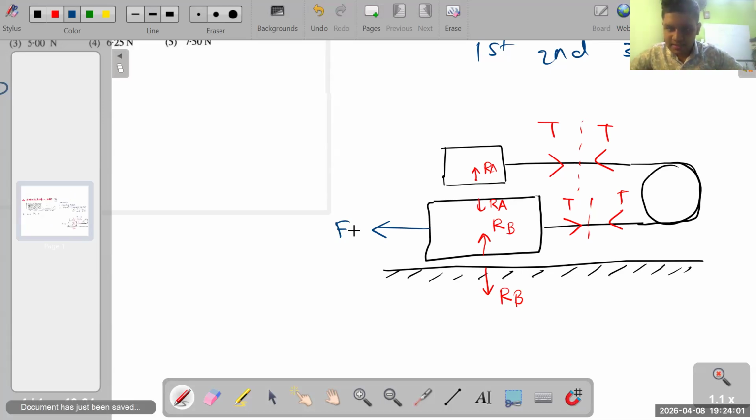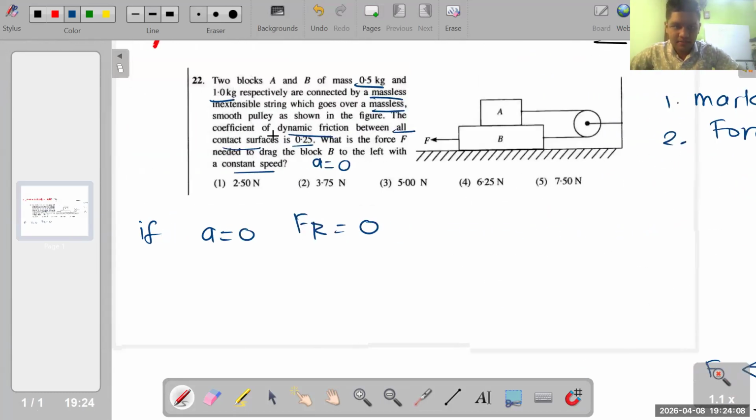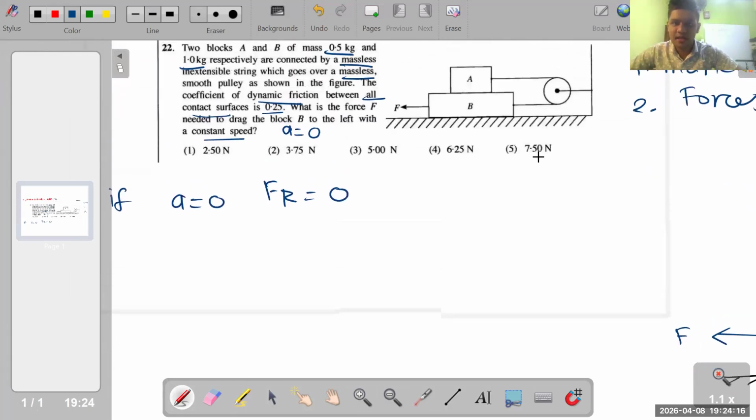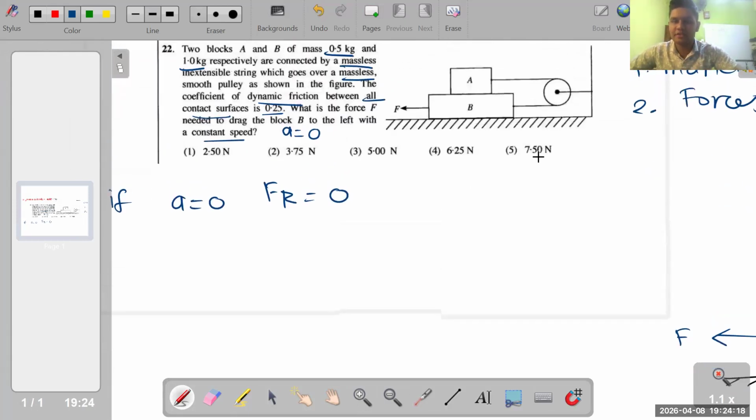So can you understand? There would be frictional forces acting. Why? Because they have introduced the coefficient of dynamic friction, which means they are indirectly saying all contact surfaces have friction, all the surfaces which are in contact.